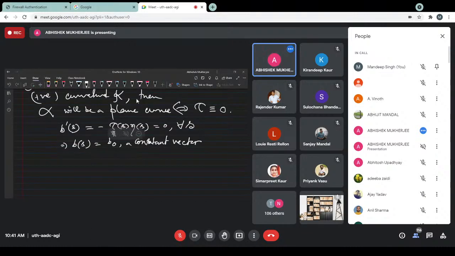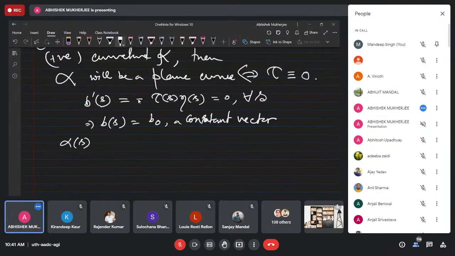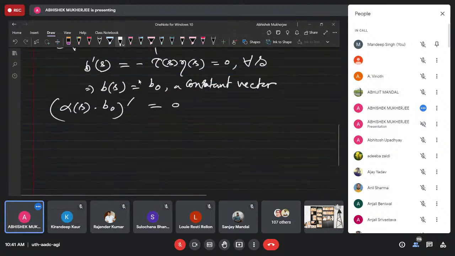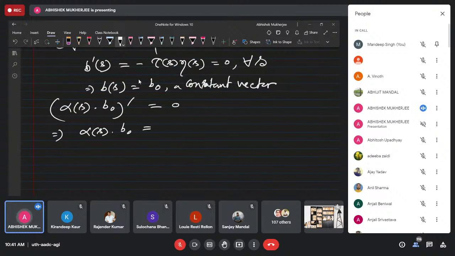And then you can see that if you take the first derivative of this dot product, then it will be 0 by using the Frenet-Serret theta. And this says that your alpha s dot b naught is again a constant c.